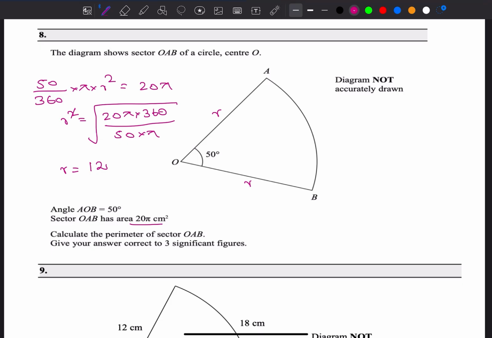Now, let's put 12. Then I can work out the arc length. Arc is what? 50 over 360 times 2 pi times radius, 12. Which will make it 10.47. Okay.